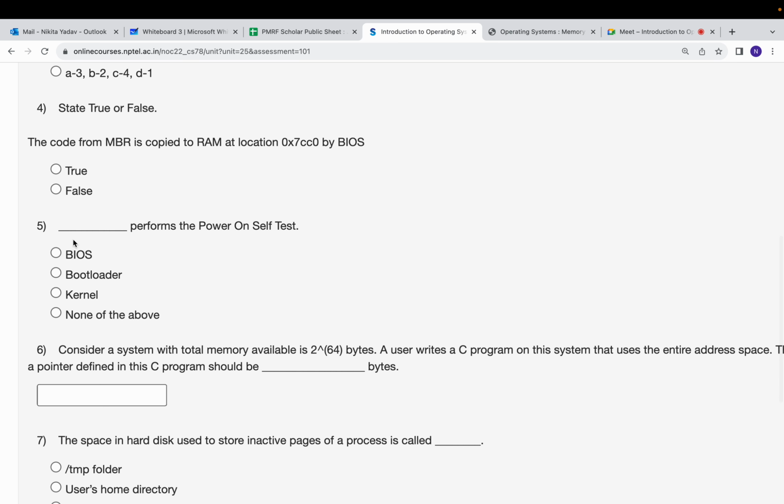Okay, now Dash performs the power on self test. Which of these components perform the power on self test?